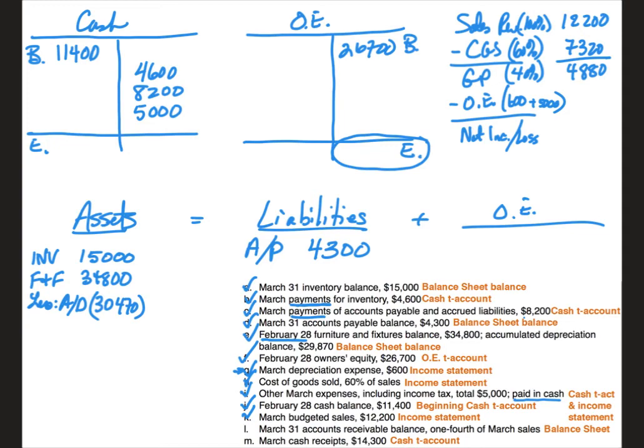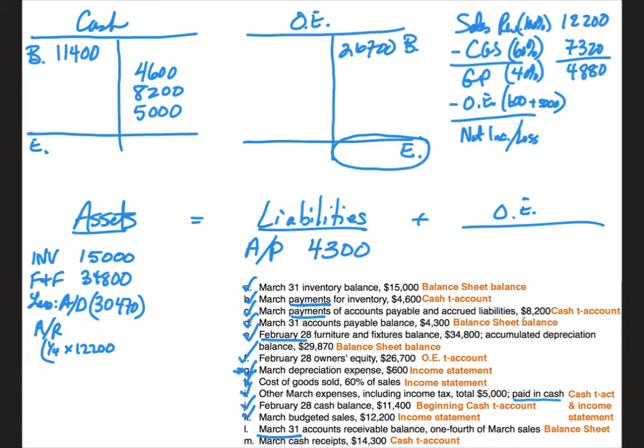Letter L, March 31st. So again, that's the number we're looking for. Accounts receivable is 1/4 of March sales. So accounts receivable is 1/4 of March's sales, and March's sales were 12,200. Okay, so I'm getting that right here.